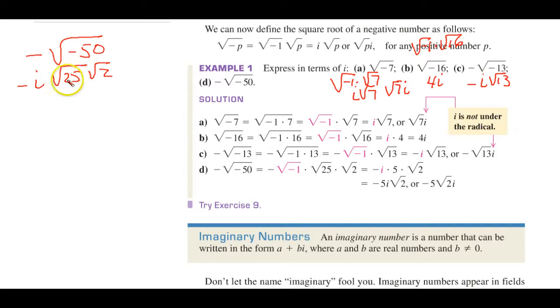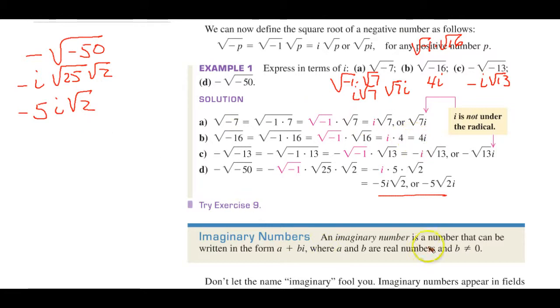So the square root of 25 is 5, so we usually write this as -5, then we put the i, and then the square root of 2. And again, you can always put the i afterwards as well. This way is preferred because you don't run the risk of putting the i under the radical sign.